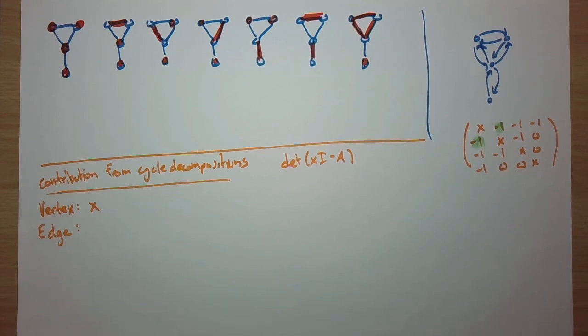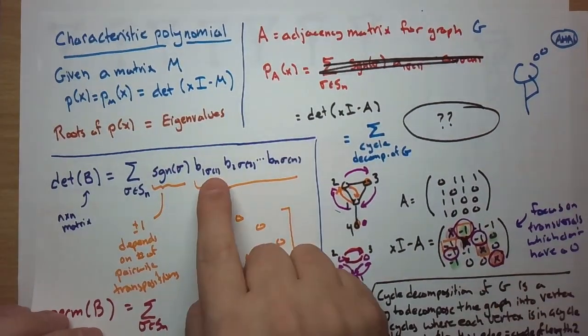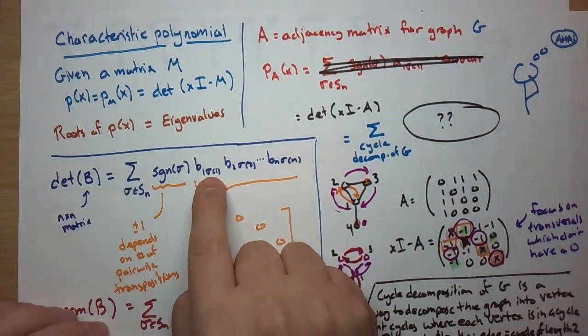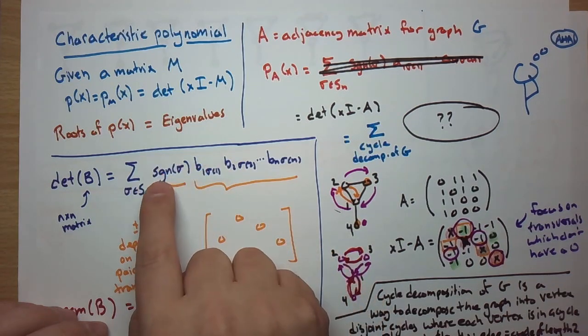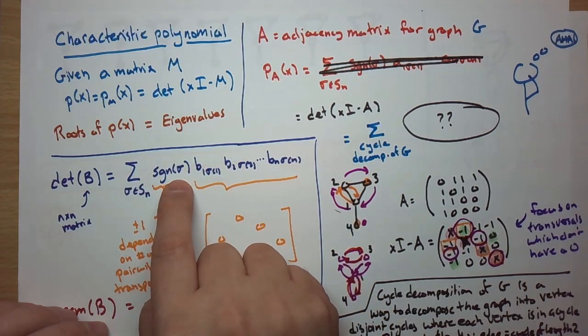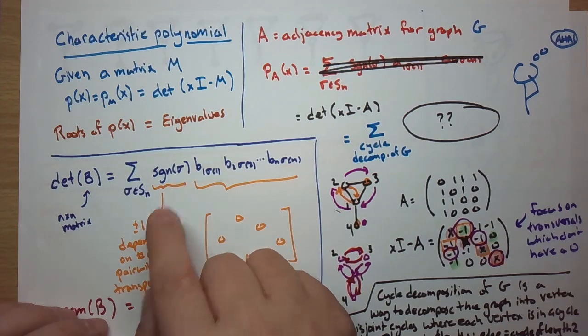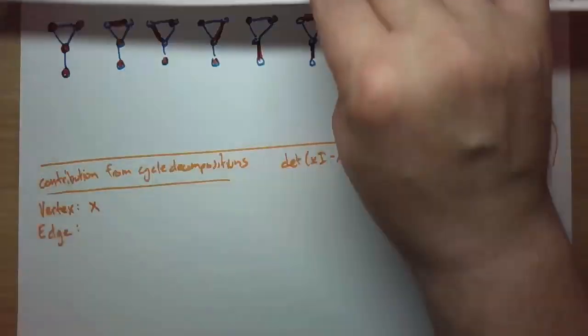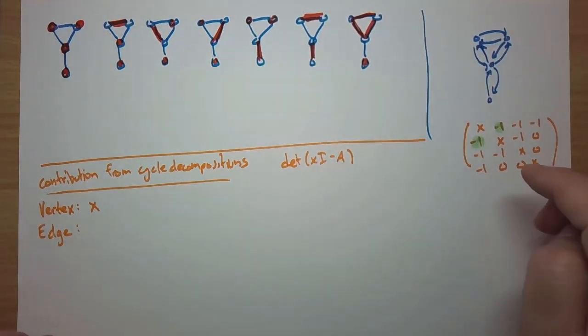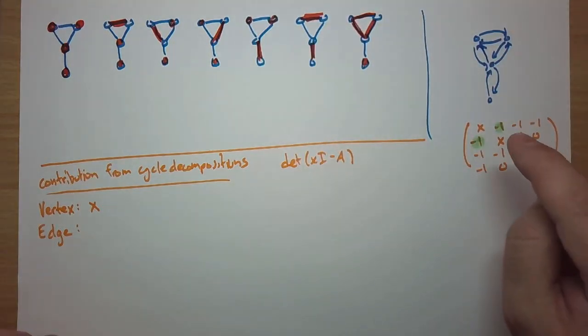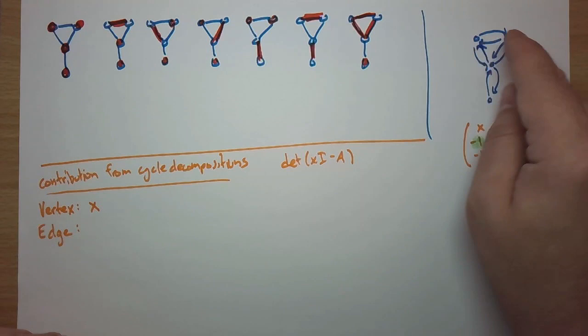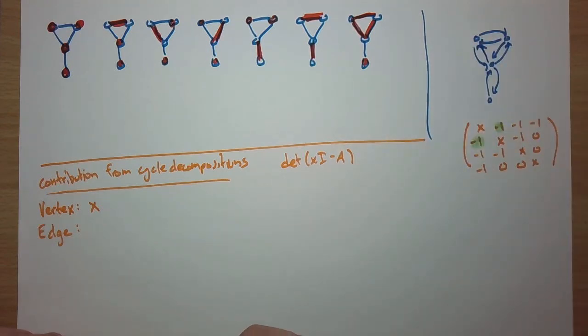But okay, so be careful here. Let's pull back. Maybe like negative 1. Remember, we're looking at these pieces, but think about what happens here. What would be the sign? What would be the contribution? Transposition basically says you're swapping vertices.